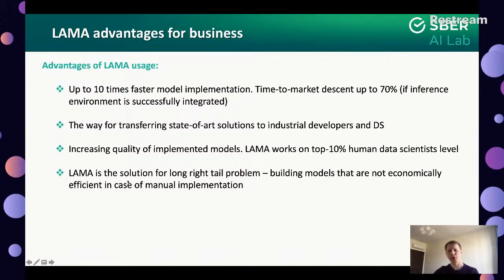Moreover, LightAutoML or AutoML solution is also a solution for the long right tail problem. What it is: a situation when during solving some business task, you need to build a lot of ML models based on different data sets, and each model is not economically efficient, but the whole profit from all of them is pretty great.